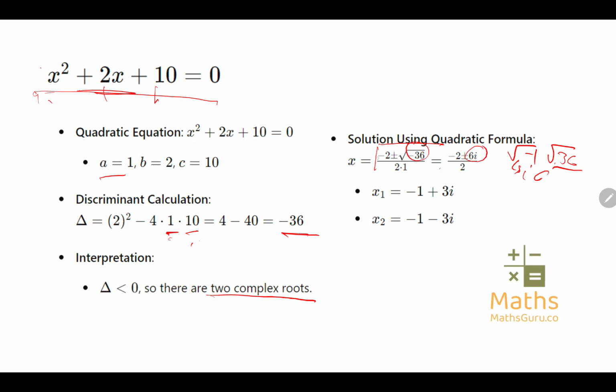So minus 2 plus or minus 6 iota divided by 2. If you divide, it becomes x1 equals minus 1 plus 3 iota, and x2 equals minus 1 minus 3 iota. So here we do not have any real solution, the reason being that the discriminant was negative.